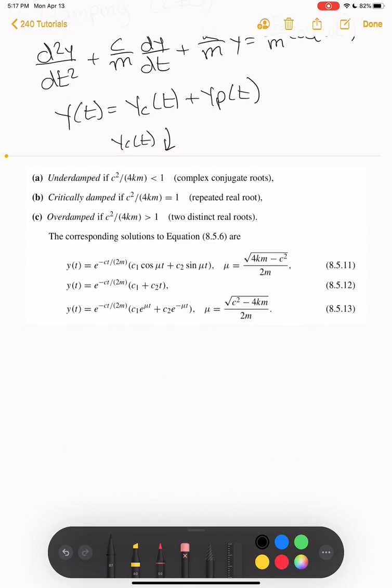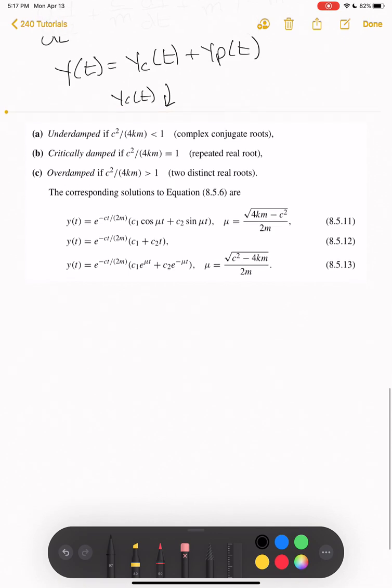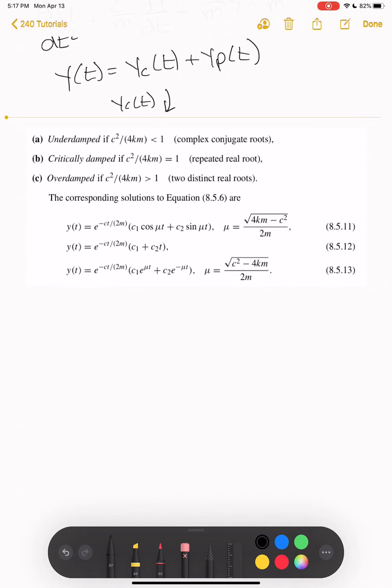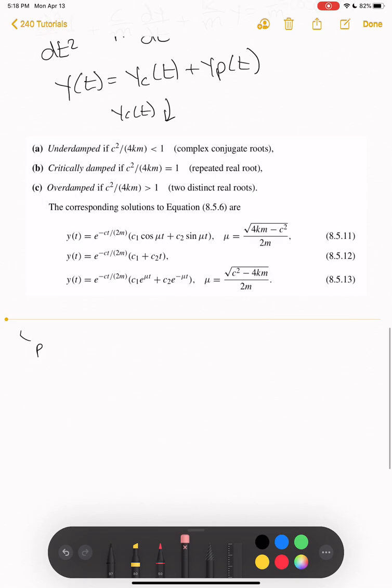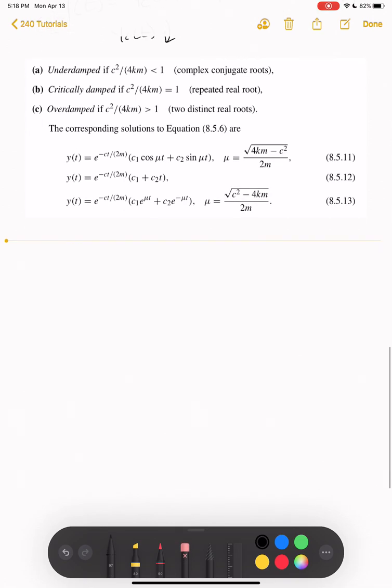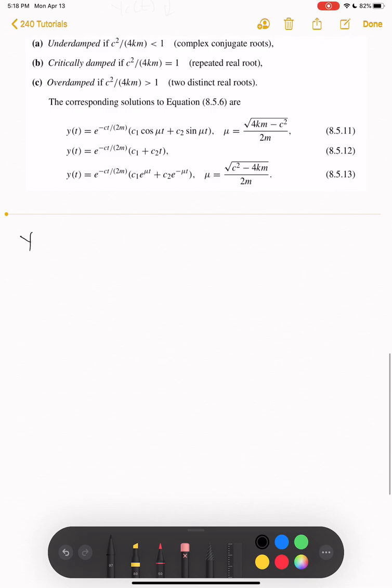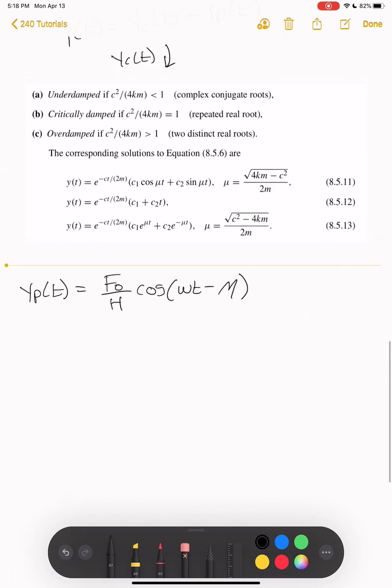And then y of p is equal to f naught over h cosine omega t minus, I think it's nu.